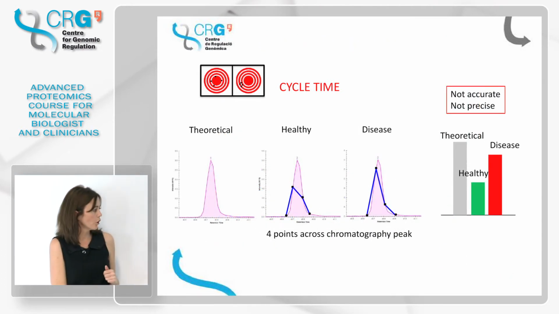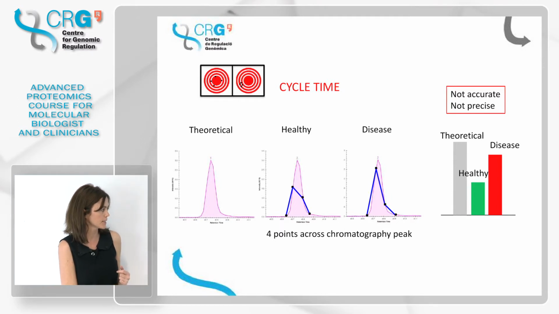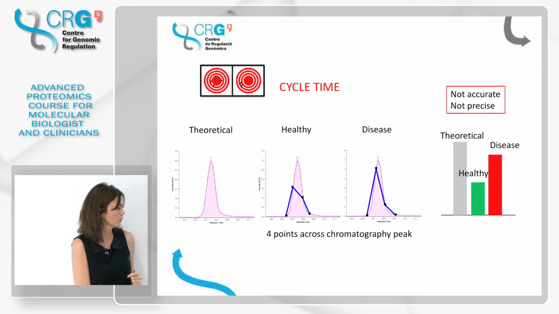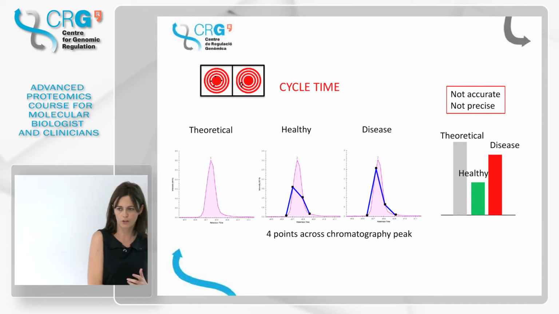What happens if we only measure 4 points across our chromatographic curve? It can lead to wrong conclusions, because then we join these points in each case. We look at the area under the curve, and while this is the theoretical right amount, we see differences between the 2 groups which are not true.